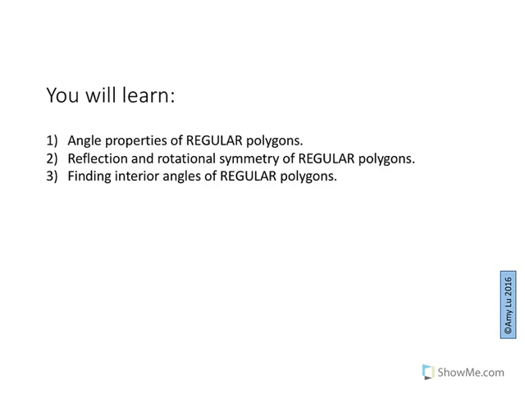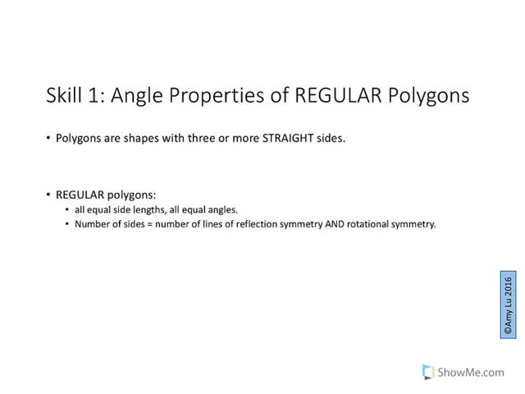So you're probably wondering at this point, what is a regular polygon as opposed to what is an irregular polygon? Here we go. Regular polygons are shapes with 3 or more straight sides. And how you know it's a regular polygon is because of these special traits.